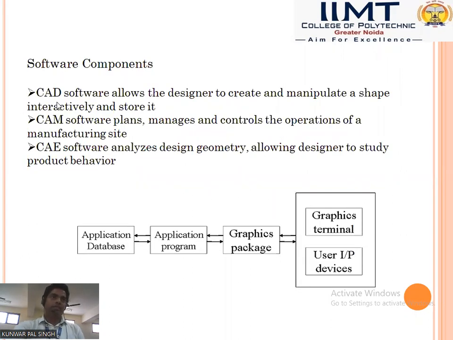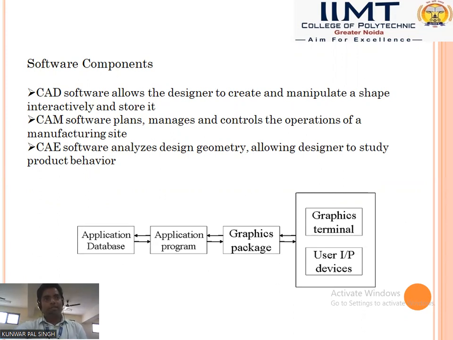Software components: CAD software allows the designer to work; CAD means AutoCAD, SolidWorks, like that. CAM software plans, manages, and controls, and if CAM is done, it is through the software. Computer aided engineering analyzes design geometry, which is also done by computers. We see this chart.